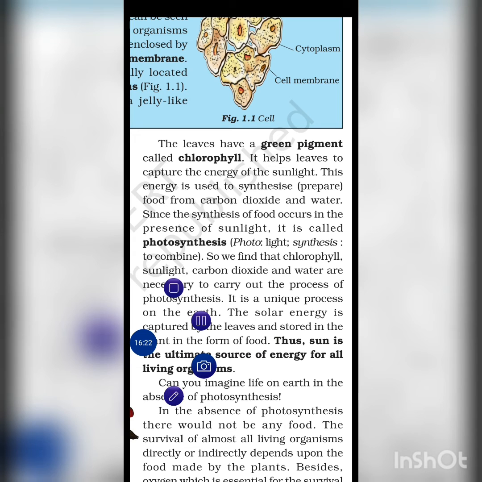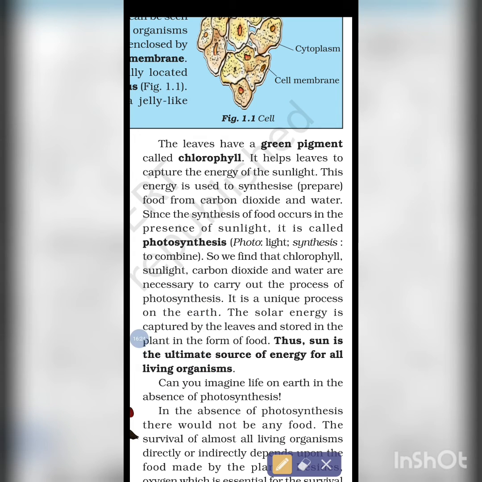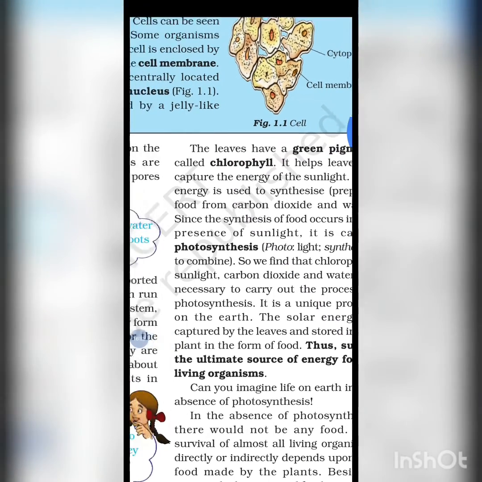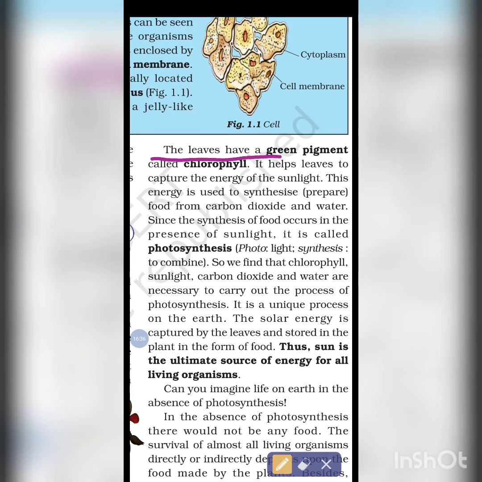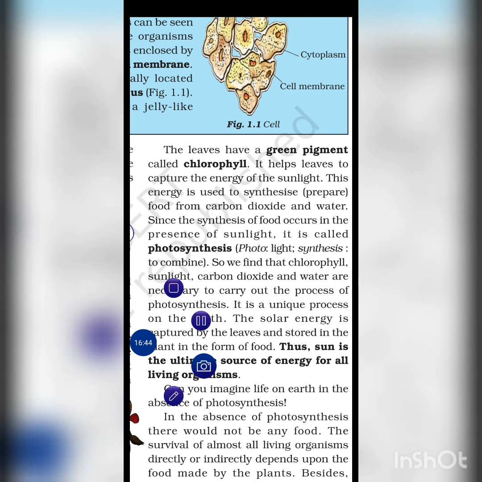Now, what will be the definition of chlorophyll? The leaves have a green pigment called chlorophyll.